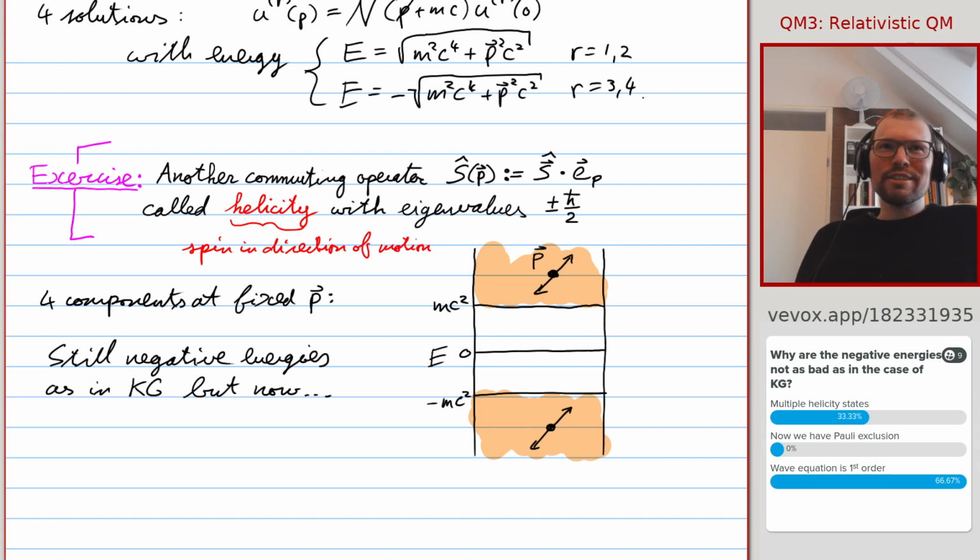So what are these particles? Before, with the Klein-Gordon equation, we determined that these are spin zero particles. So what is the quantum statistics there? Do you remember the relation between spin and quantum statistics?